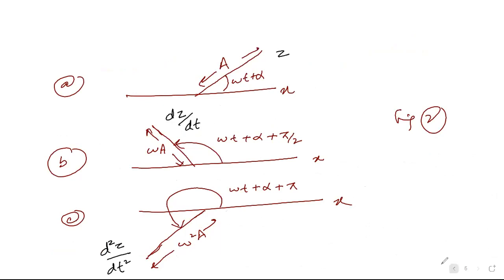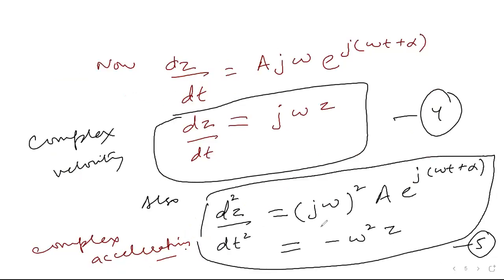And see then what happens: j square is multiplied to z. J square is multiplied to z, that is, minus 1 is multiplied to it. It is one and the same thing. That means j is multiplied twice to z. One j will rotate it by 90 degrees with respect to z in the counterclockwise sense.